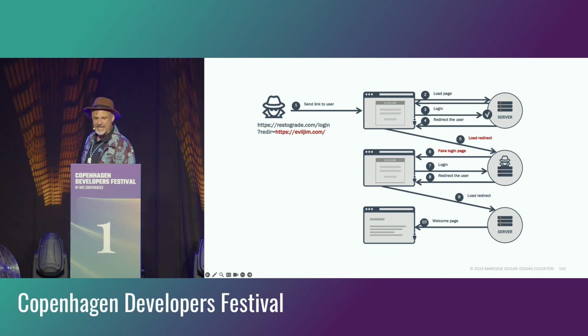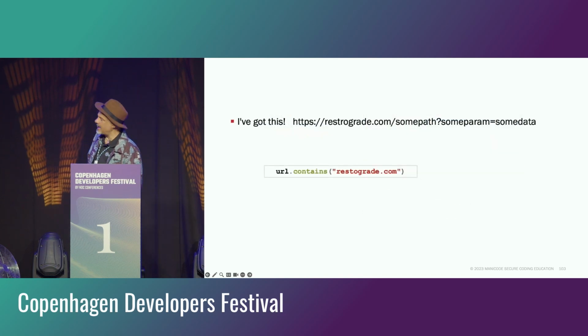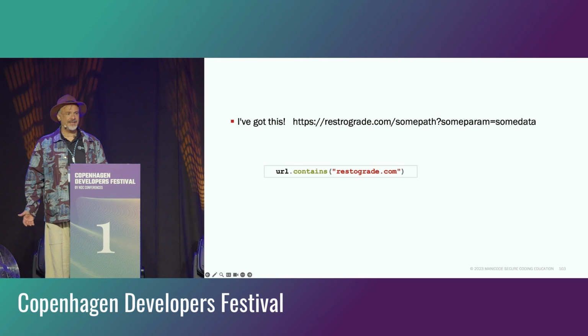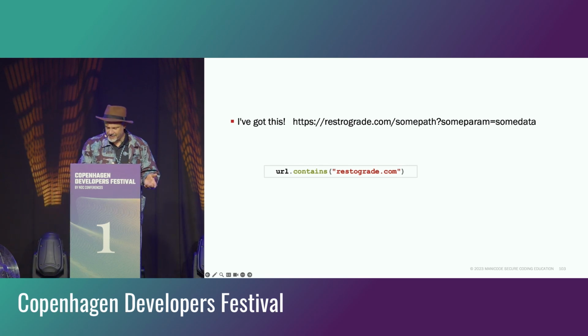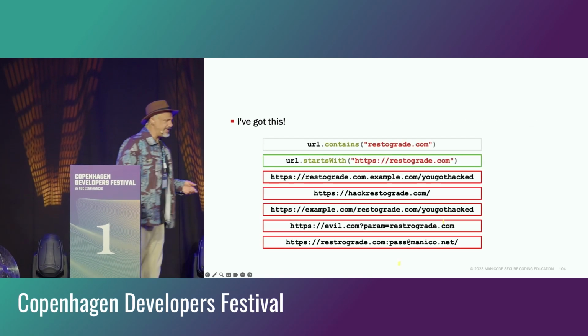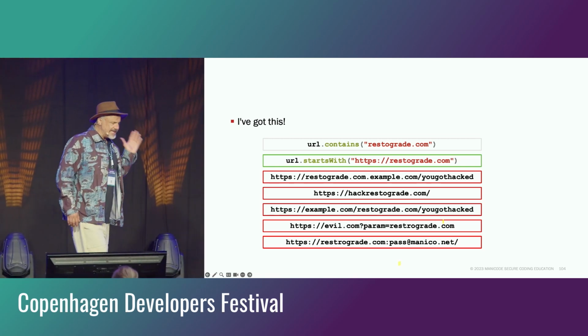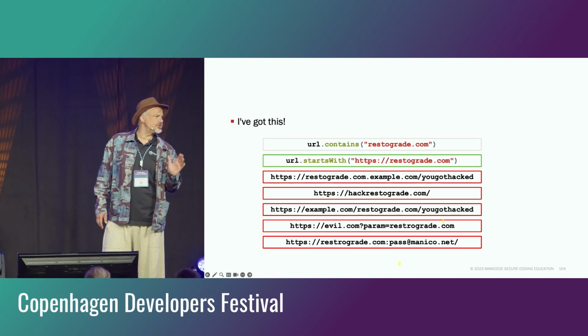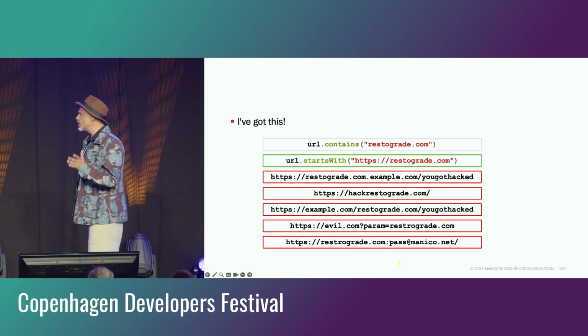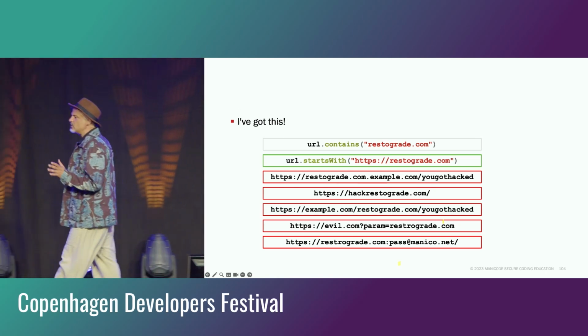Now, how do I validate a URL? It's not easy. I can use something like this if the URL contains a domain, but that domain could be all kinds of things. It could be a GET parameter, a subdomain. Dealing with URLs that are untrusted is a much more difficult problem than anyone would have thought.